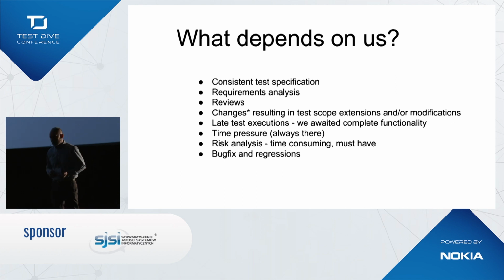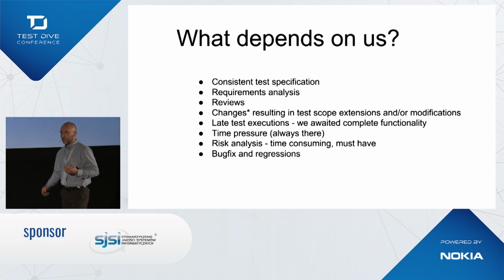We can negotiate the contracts, but that's not really often done and not expectable. Risk analysis. Can we do this faster? It's similar to reviews or requirements analysis. I don't think so. We can simply cancel the meetings, but this is not the case. Bug fixes and regressions. Okay, here maybe we can also provide some input or our effort so that we can do it faster.